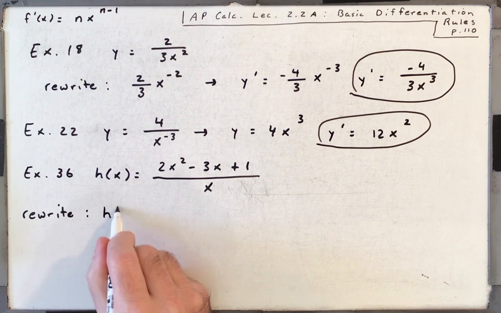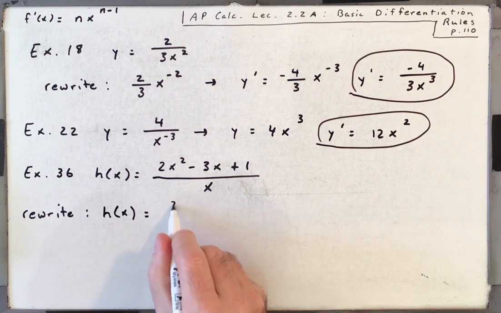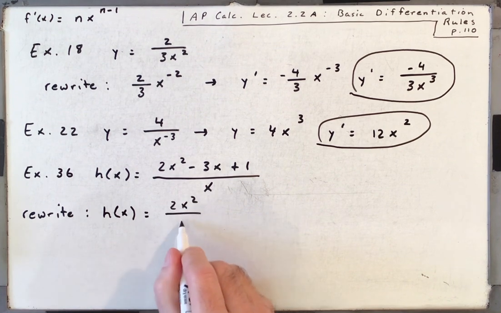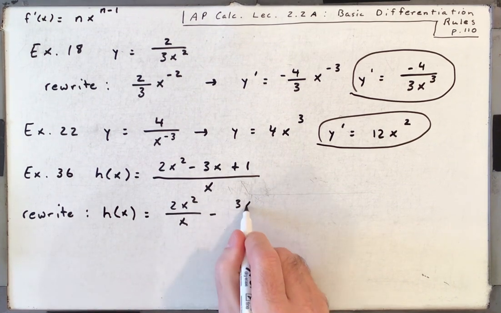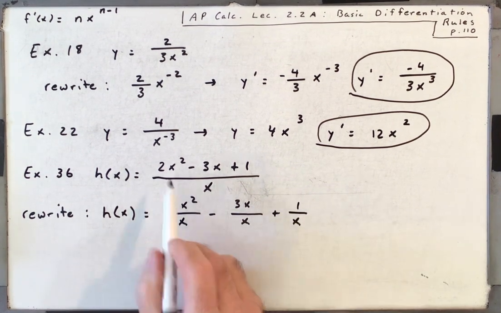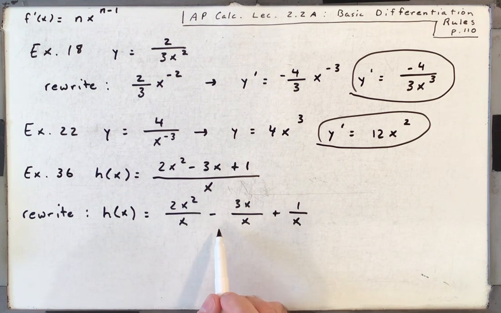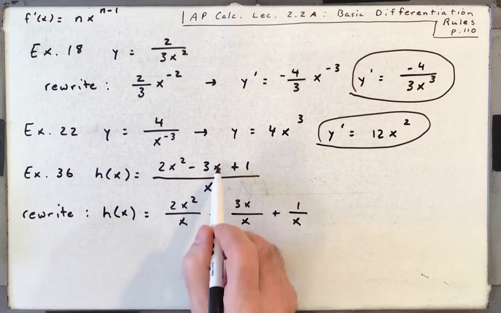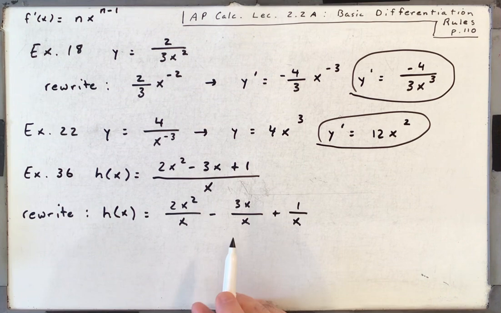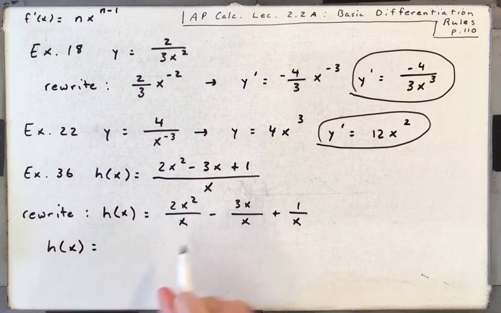You can rewrite this. I'm going to do it the long way, but I hope you can just do this in your head. This is the same as 2x squared over x minus 3x over x plus 1 over x. It's the exact same thing. You can divide x into each element of the numerator. Well, now we can simplify that further.